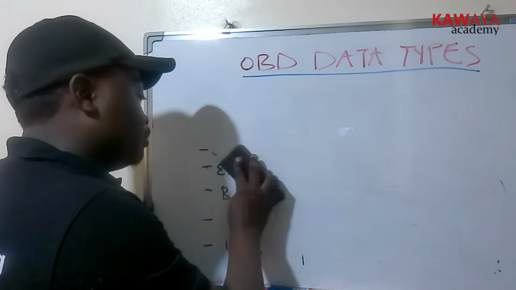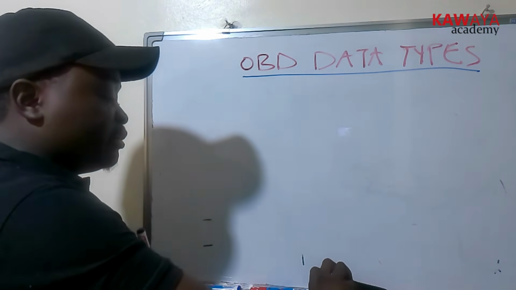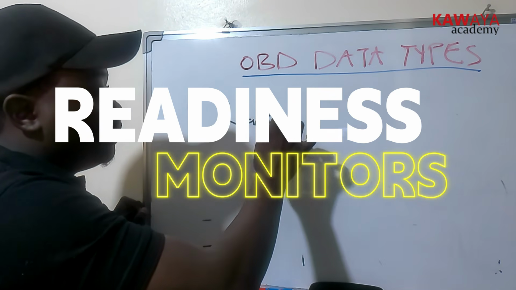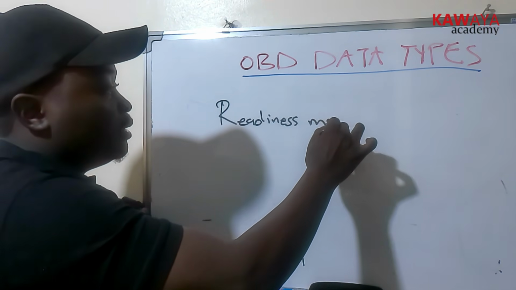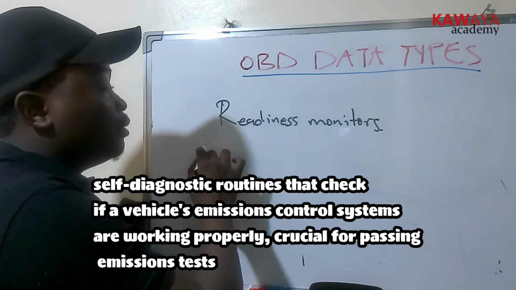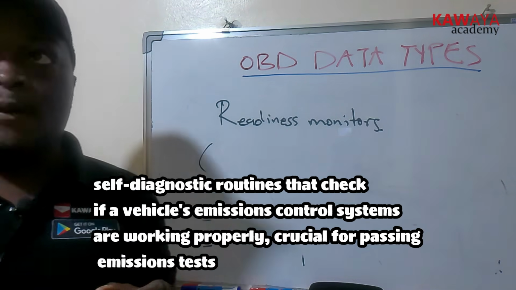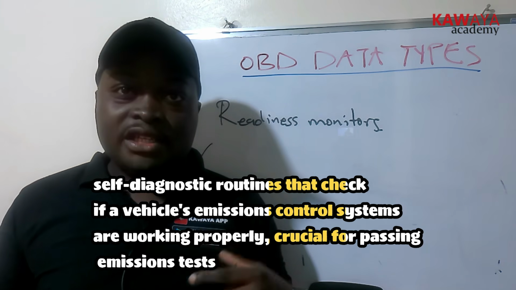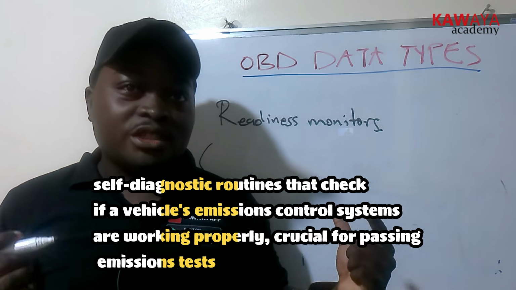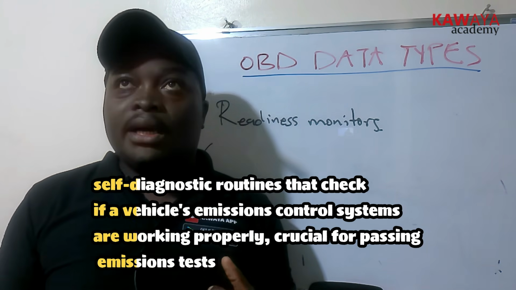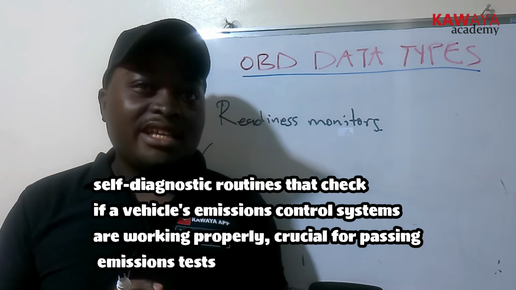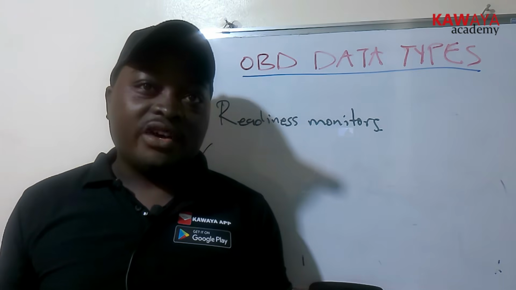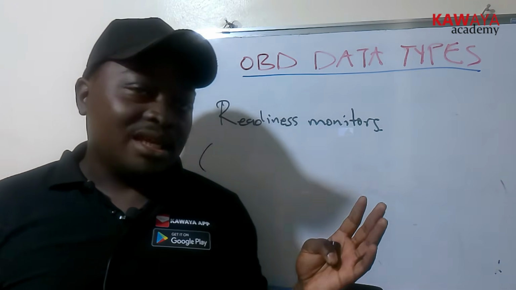Let me talk also about readiness monitors. Okay, readiness monitors. Now the engine or the vehicle performs what we call self checks on crucial systems, you know, like the evap, the EGR system, oxygen sensors, and catalytic converters, and some other critical systems.